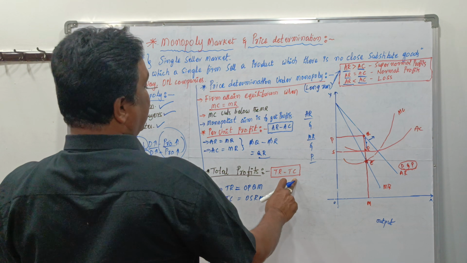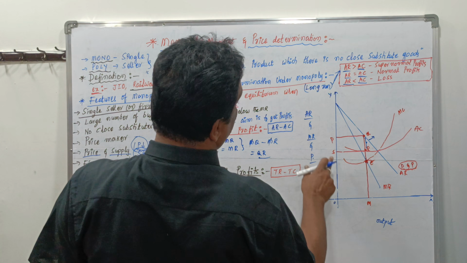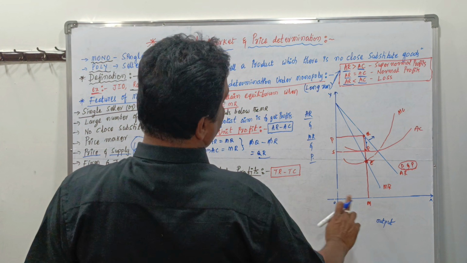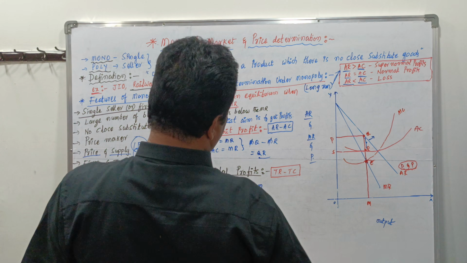TR minus TC: total revenue minus total cost. Total revenue is OPQM. Total cost is OSRM.